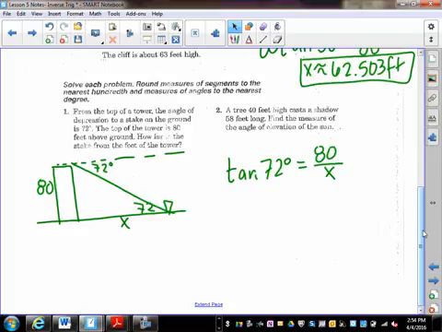Alright, so your homework is worksheet 4 and 5, as well as some bookwork problems. Bookwork, make sure you look at your assignment sheet. Feel free to take a snapshot of the page.